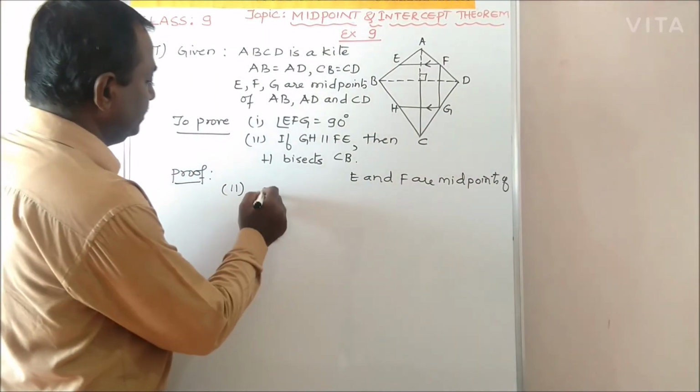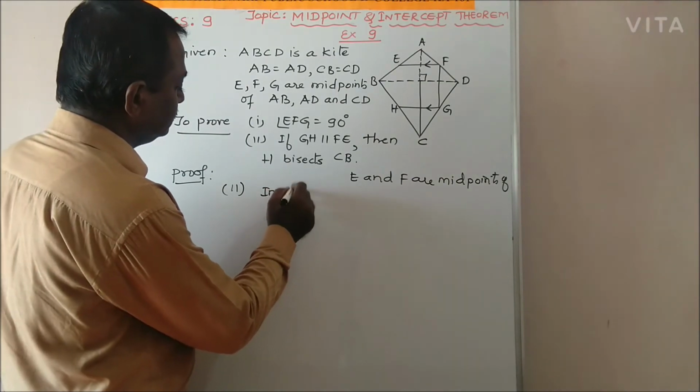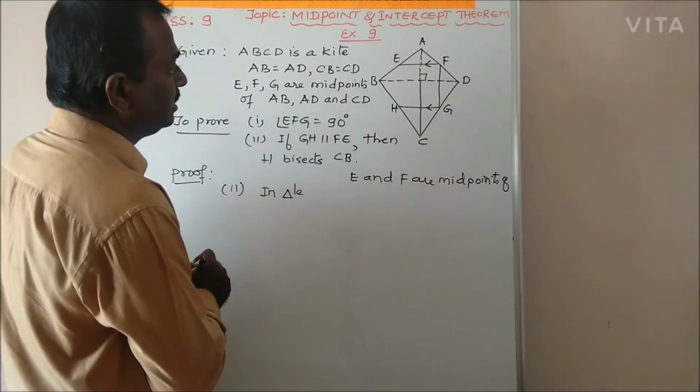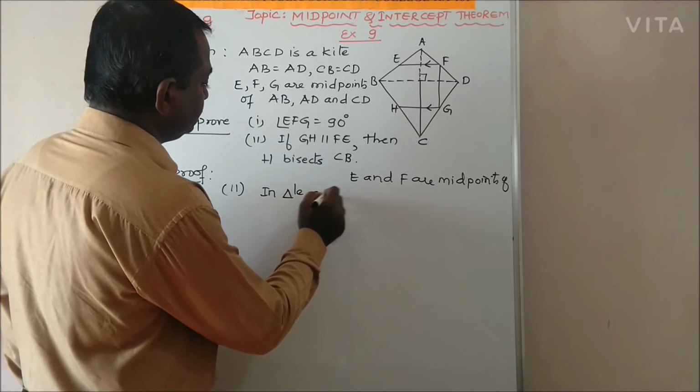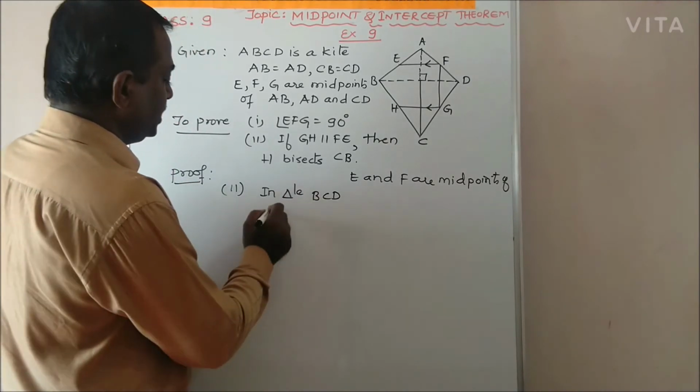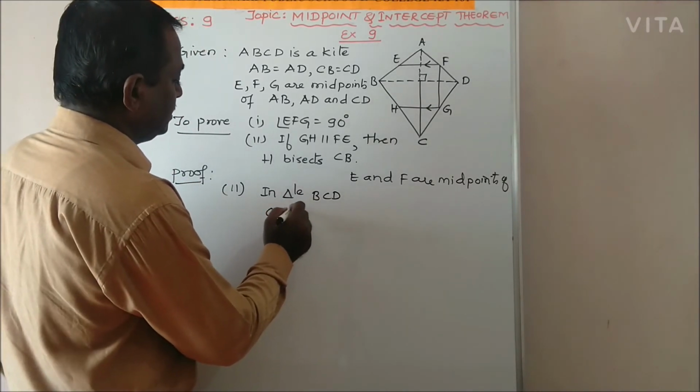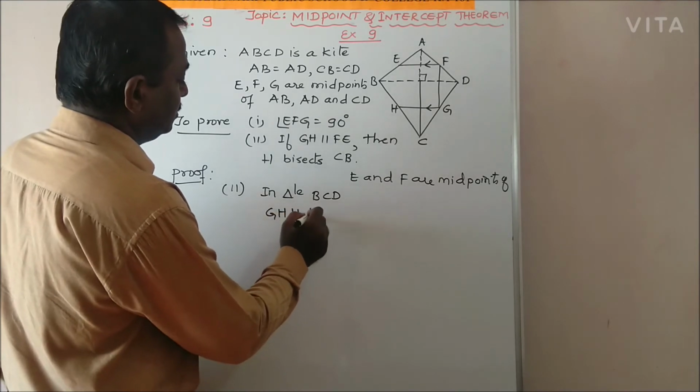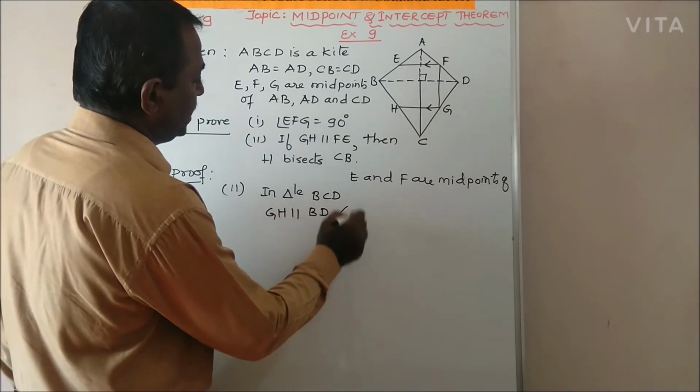So in triangle BCD, GH is parallel to BD. Why?